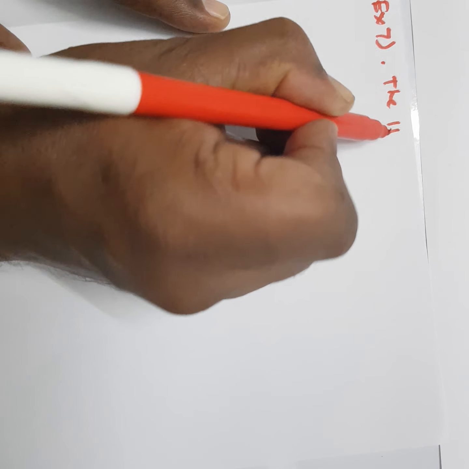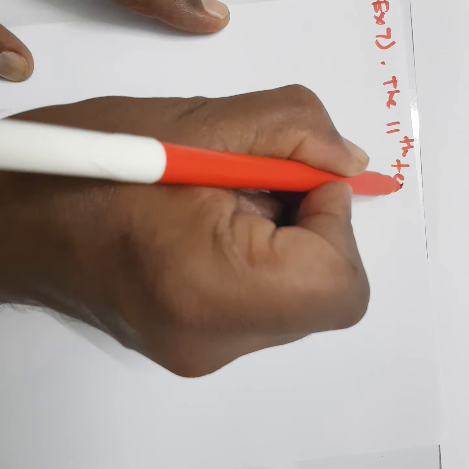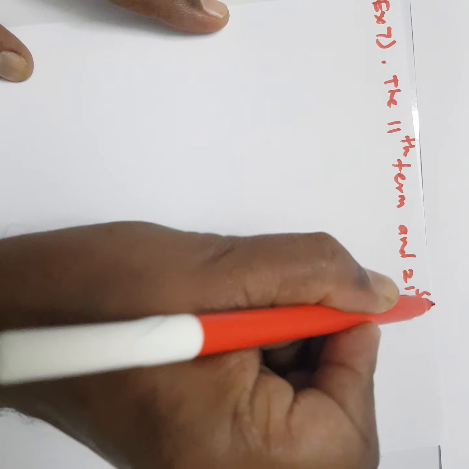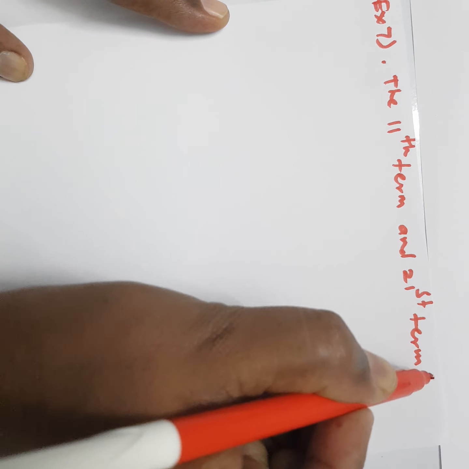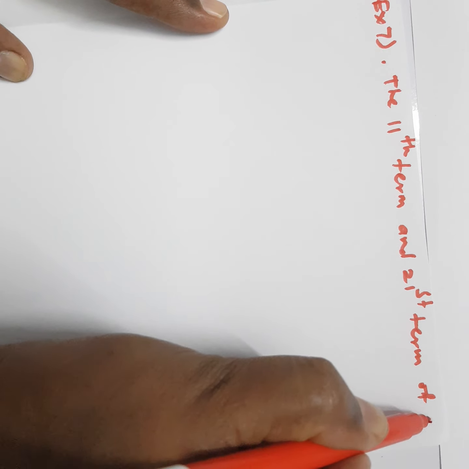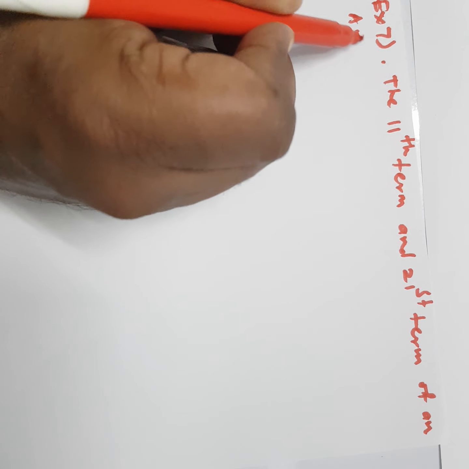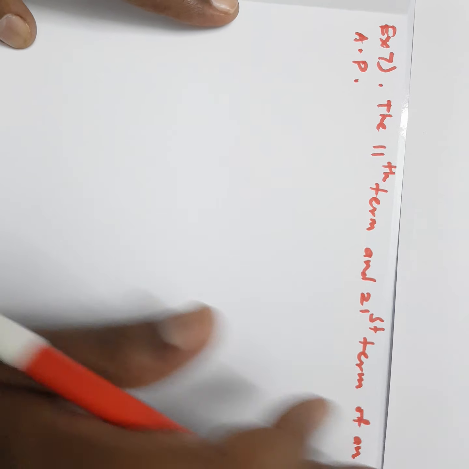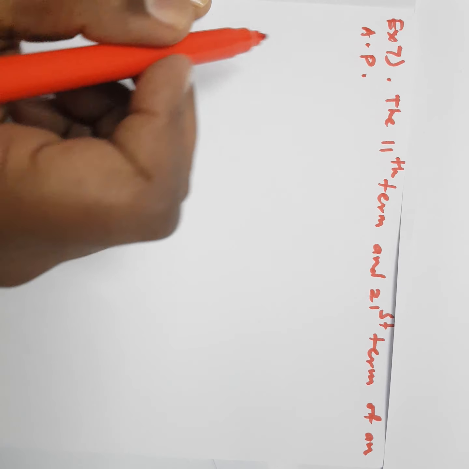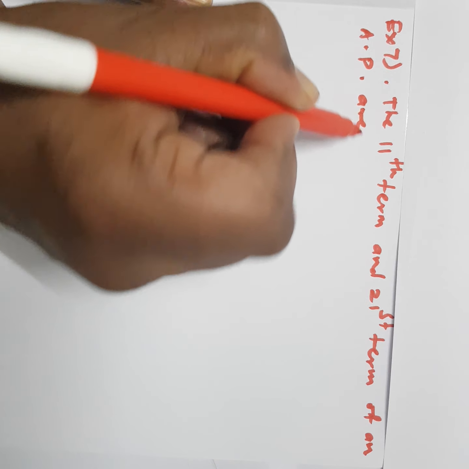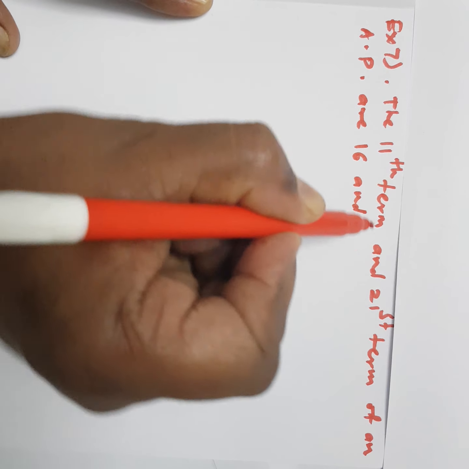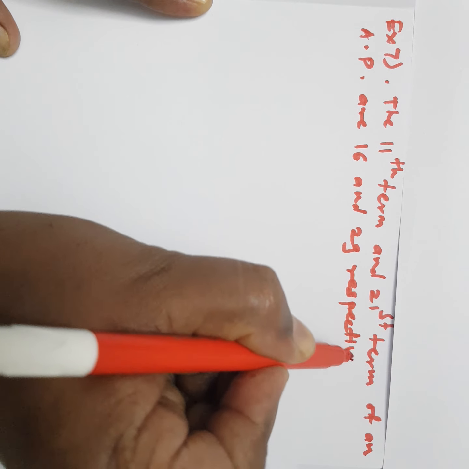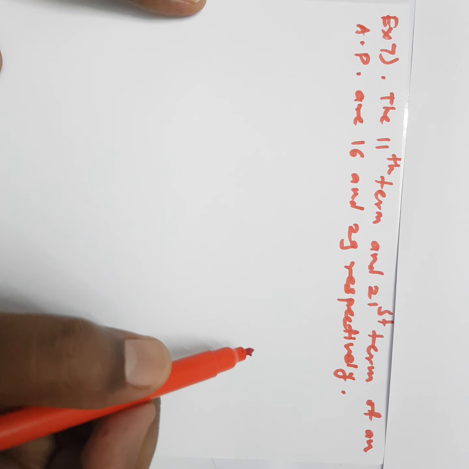The 11th term and 21st term of an AP are 16 and 29 respectively.